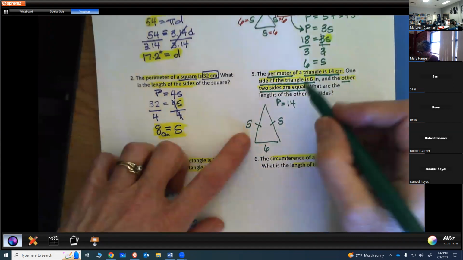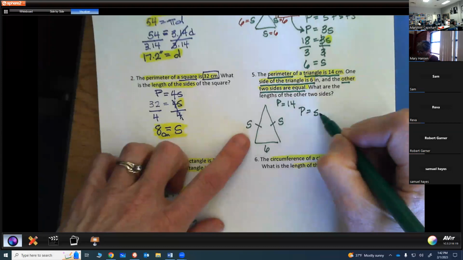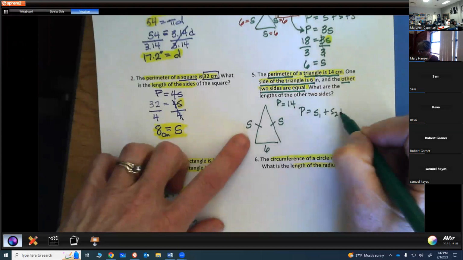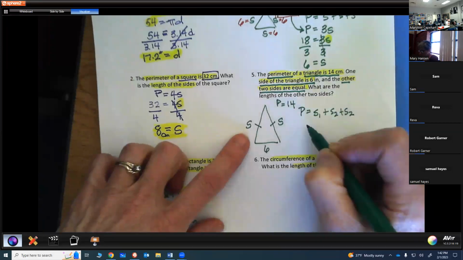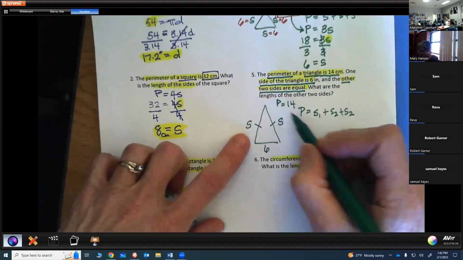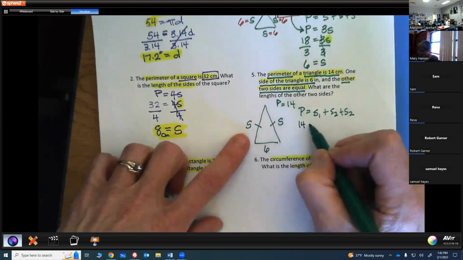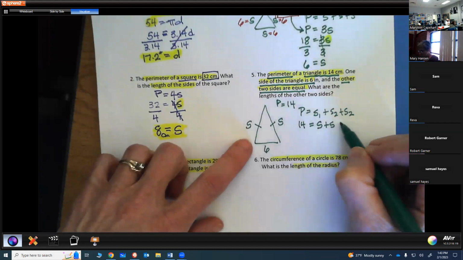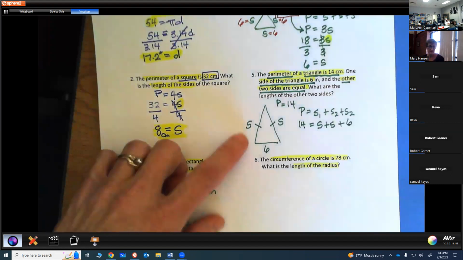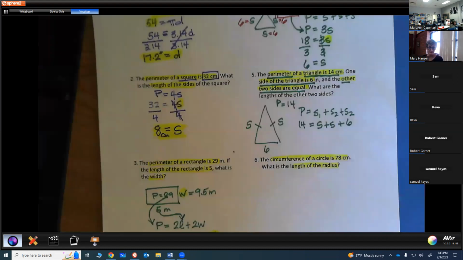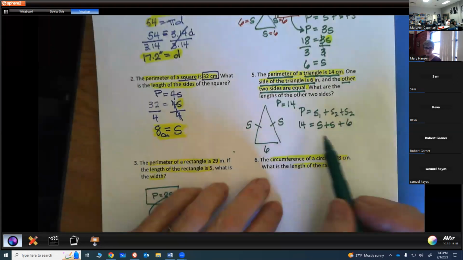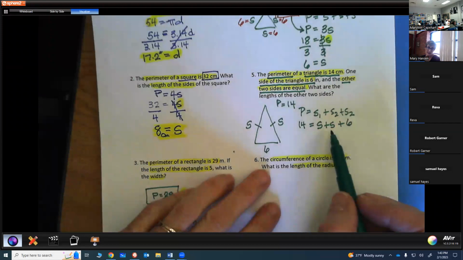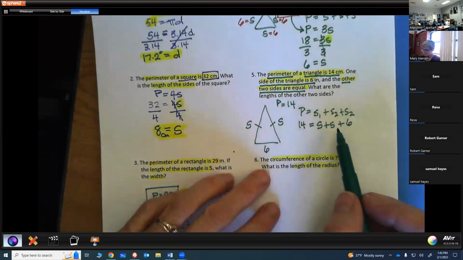And so for a triangle, we add the 3 sides together. I know that P is 14. And 2 of the sides are S's, and one of the sides is 6. Now, when I have S plus S, that's like having an apple plus another apple.